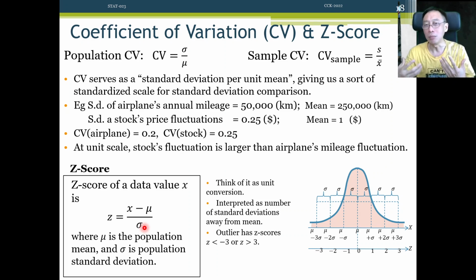So it becomes a very difficult formula to apply if we insist that it has to be mu and sigma all the time. So even though technically we write x minus mu over sigma, a lot of times we also substitute an estimate of mu with x bar. So don't be surprised to find people calculating Z-score using x minus x bar over s as an estimate or a good estimate of sigma.